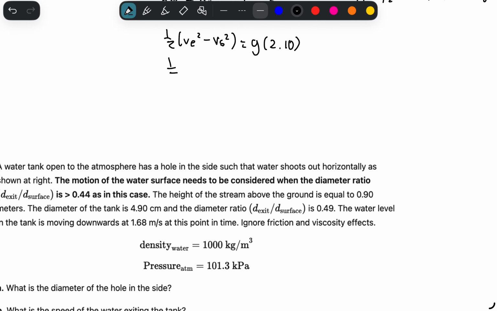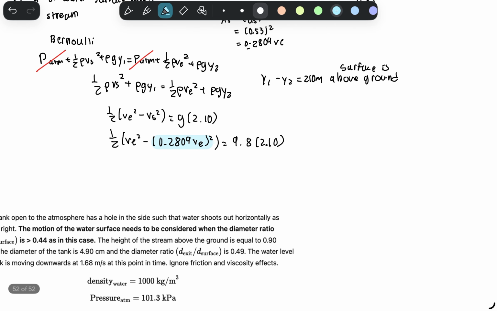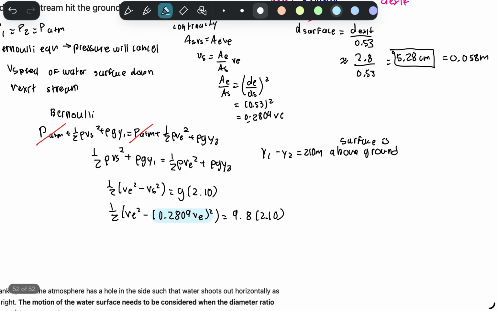So then we can write 1/2 ve squared, just like we did earlier, 0.2809. Ve squared is equal to 9.8 times 2.10. So what we did here was we took that 2.09, which we found over here.